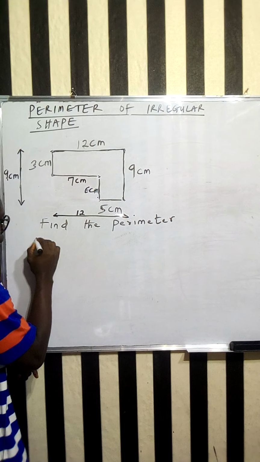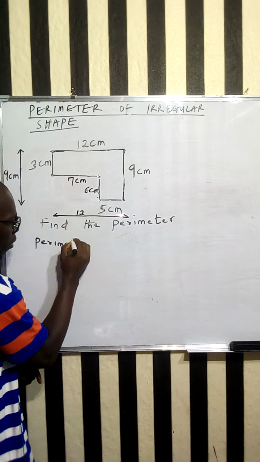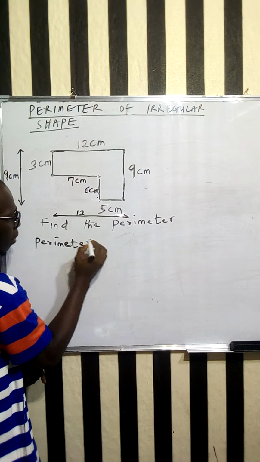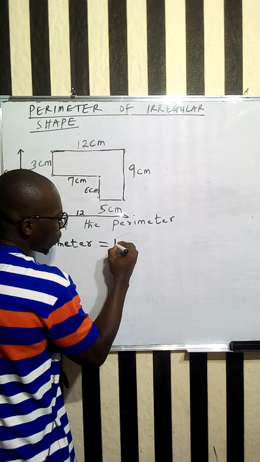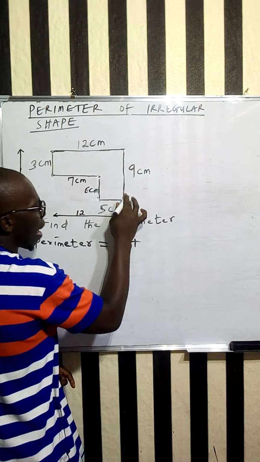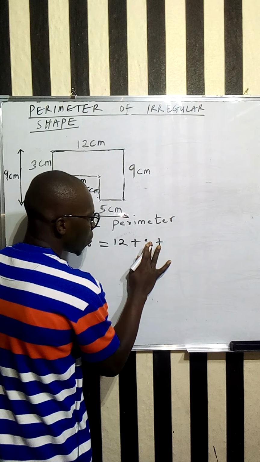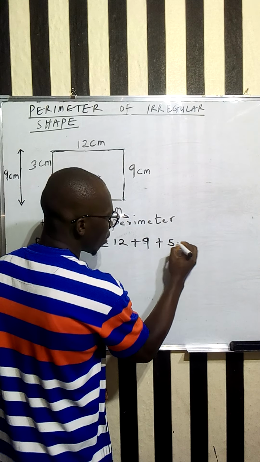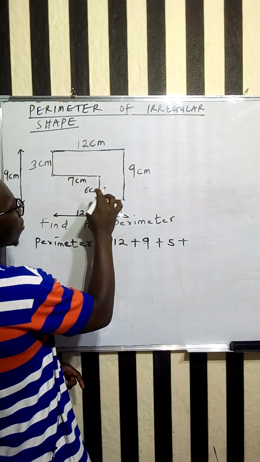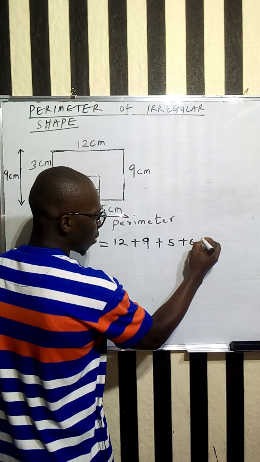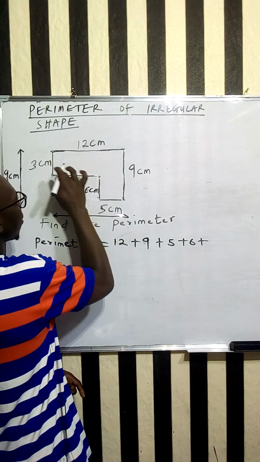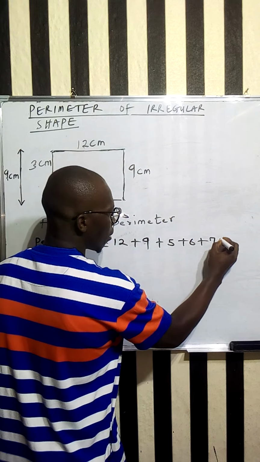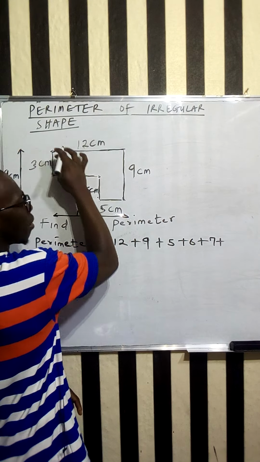So now my perimeter will be 12 plus 9 plus 5 plus 6 plus 7 and plus 3.